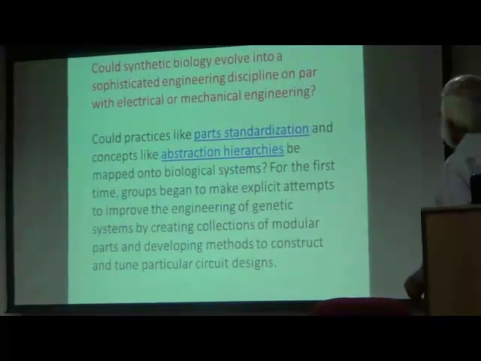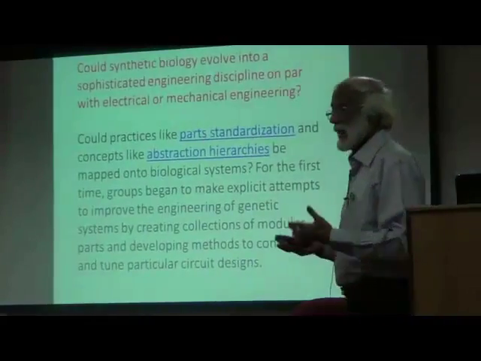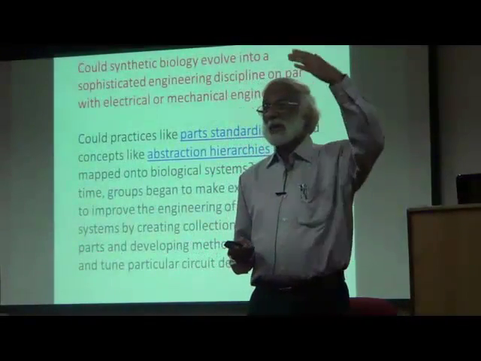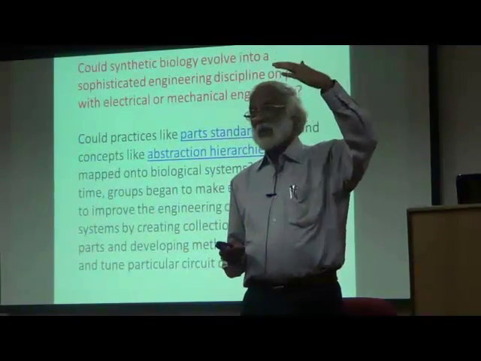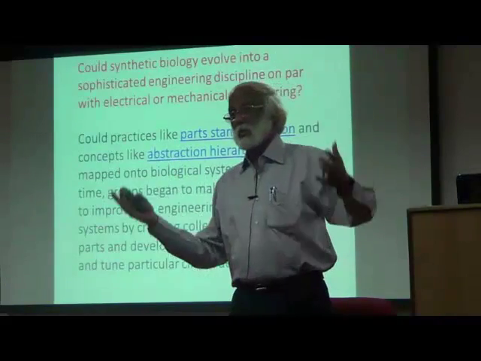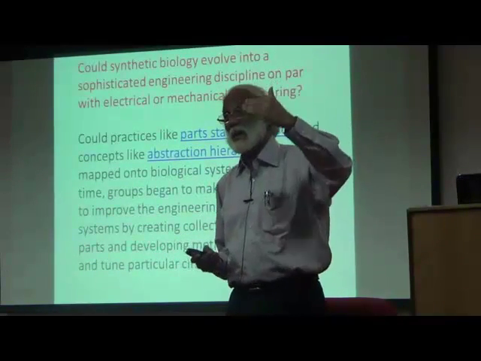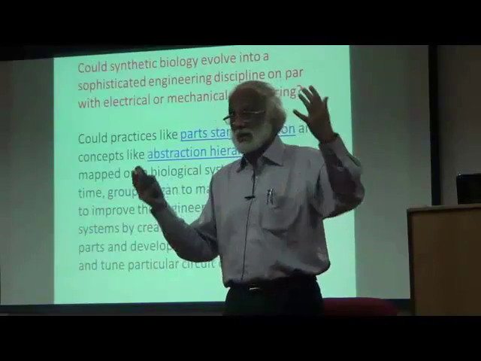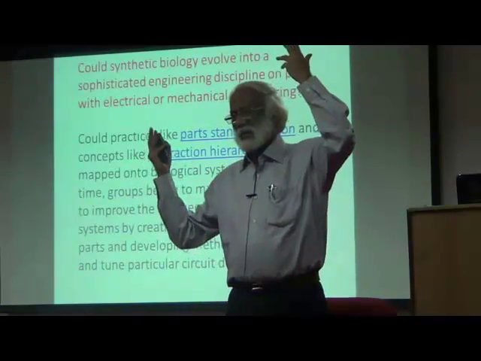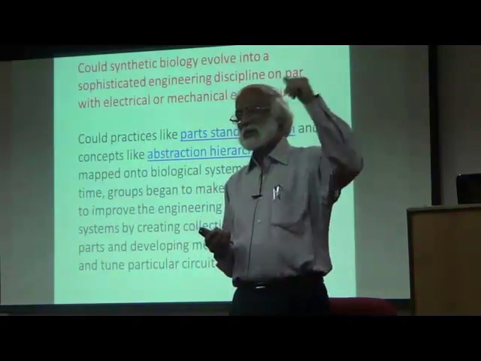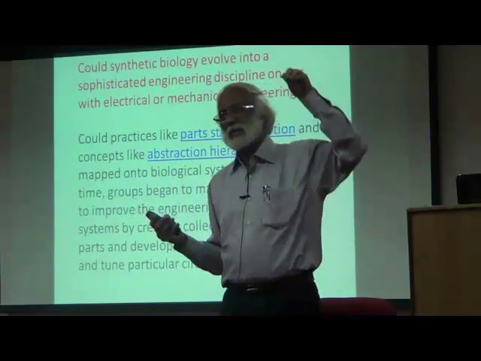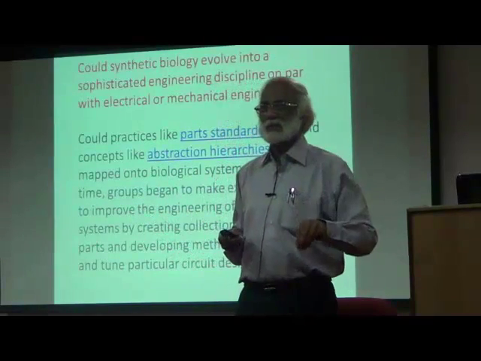Abstraction hierarchy. Huh? This means, I didn't know what it means, and then I found out. It is basically modular. There are several modules which have to be assembled to make a product. And these modules are now available today for those who want to test. I want to make some compound of my own. I want to use this organism. What is all that is needed? What are all the parts that can go into that?